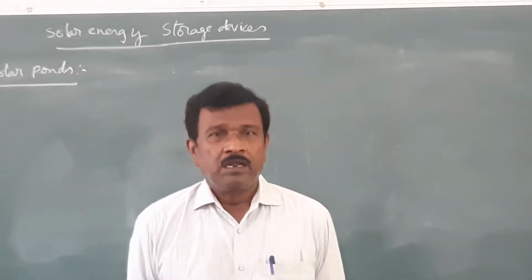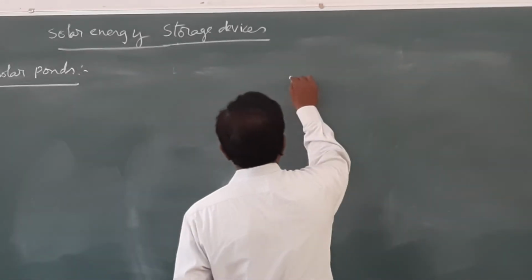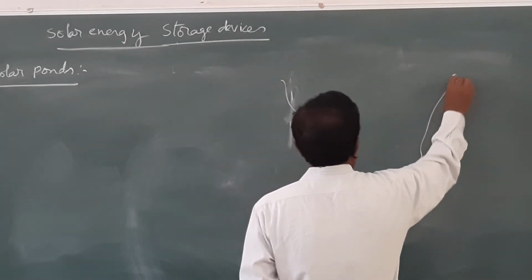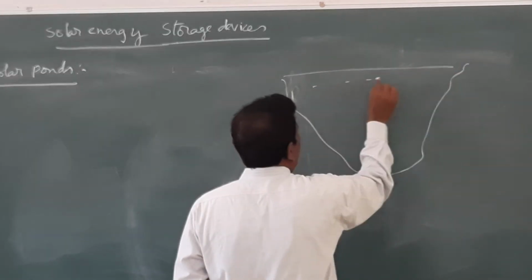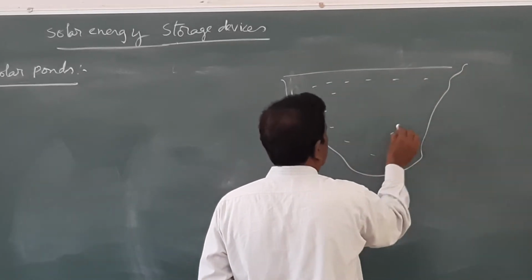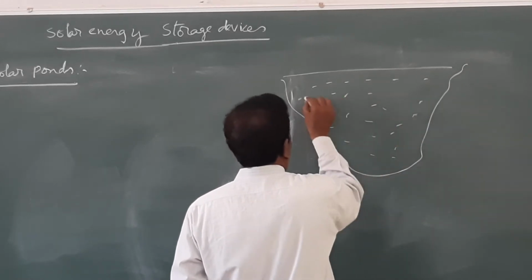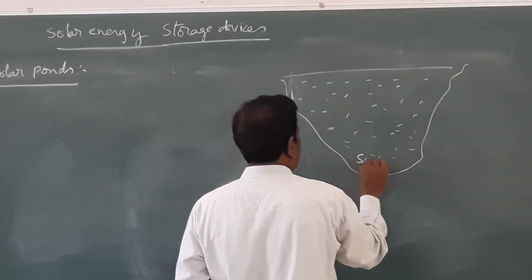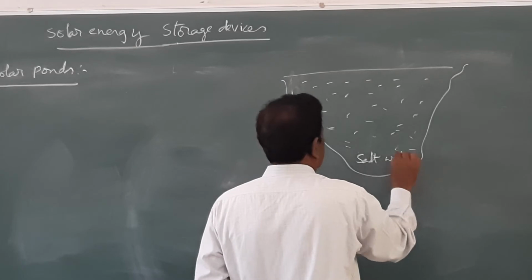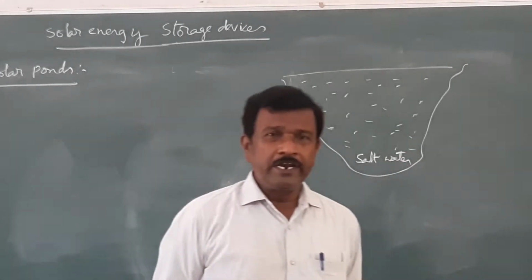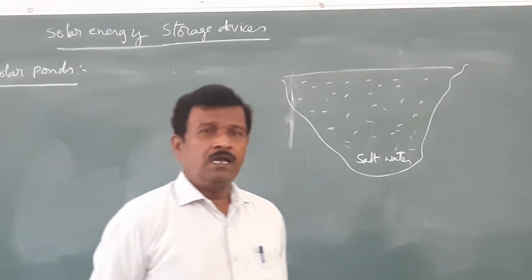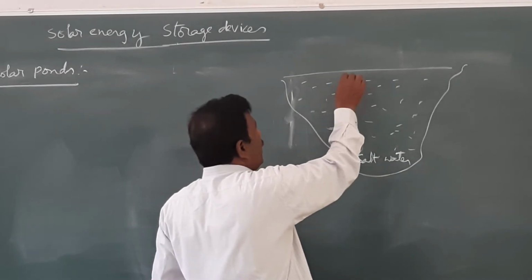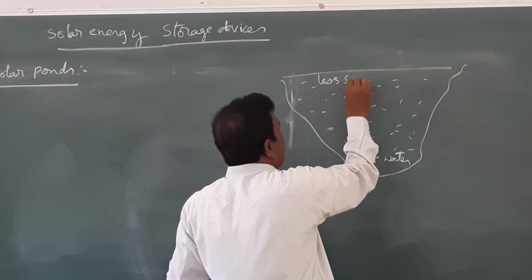where water will be stored in ponds. When salt water is stored in a pond, the water present on the surface is less saline.